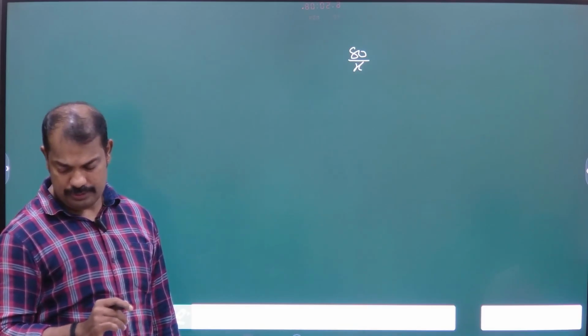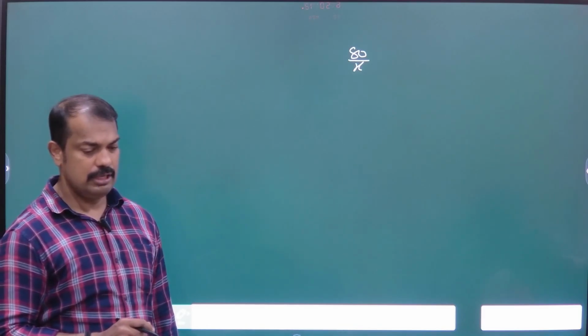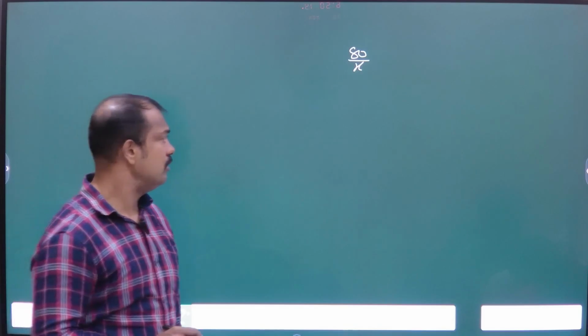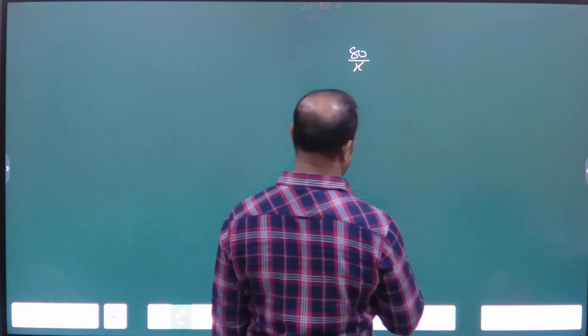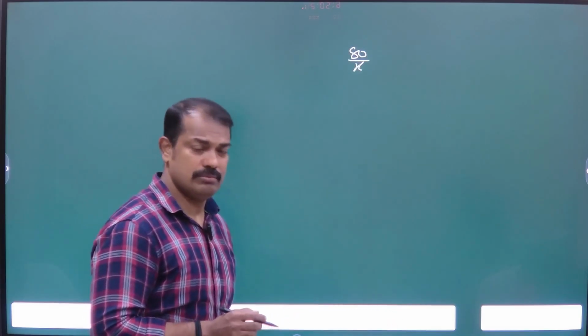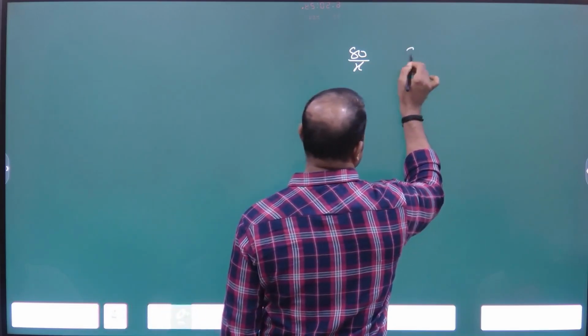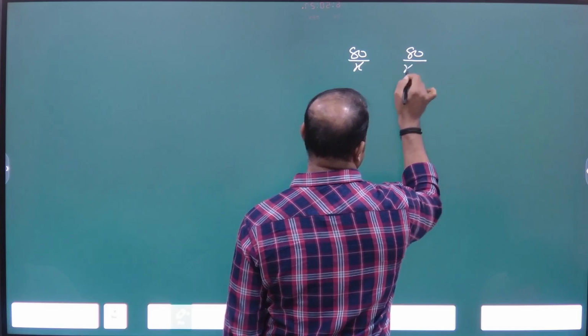Number of books he bought extra is equal to 4. Therefore, total number of books is equal to x plus 4. अभी फाइंड कर दो, what is the cost per book now? 80 upon x plus 4.